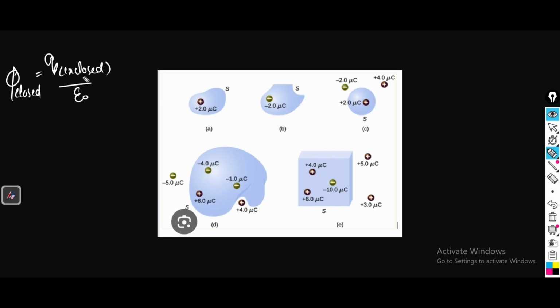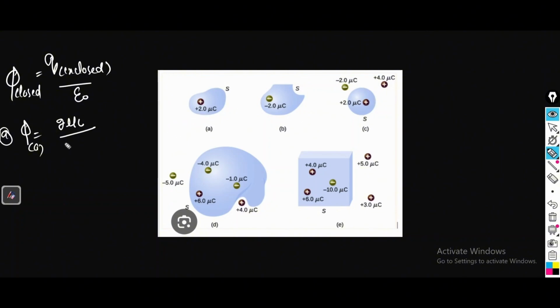Here, this is more important: we only focus on the charge which is enclosed by this surface. So this is the first case. In case A, the flux through this surface is equal to the charge enclosed by this surface, which is 2 microcoulomb, divided by the permittivity of free space.